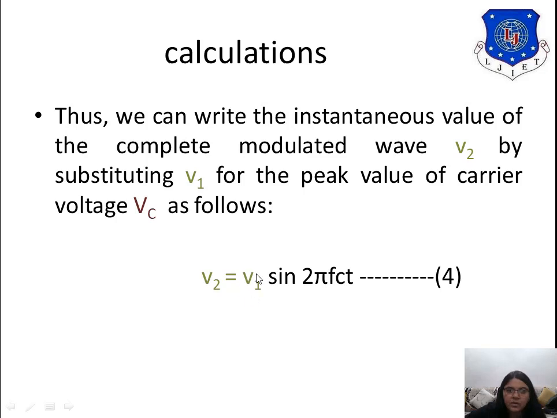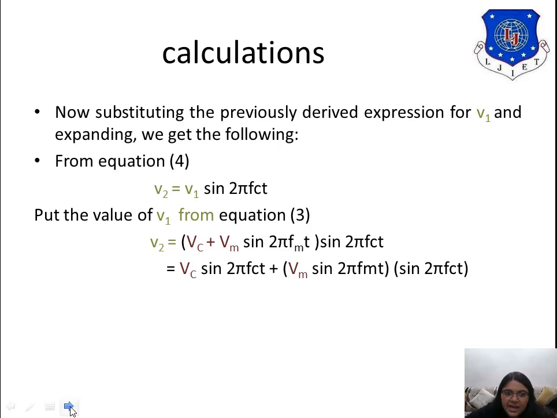But you know that when we want to send the signal over a larger distance, we need to convert the low frequency to high frequency. So here you can see that sine 2 pi fct is a high frequency signal which is multiplied with this.